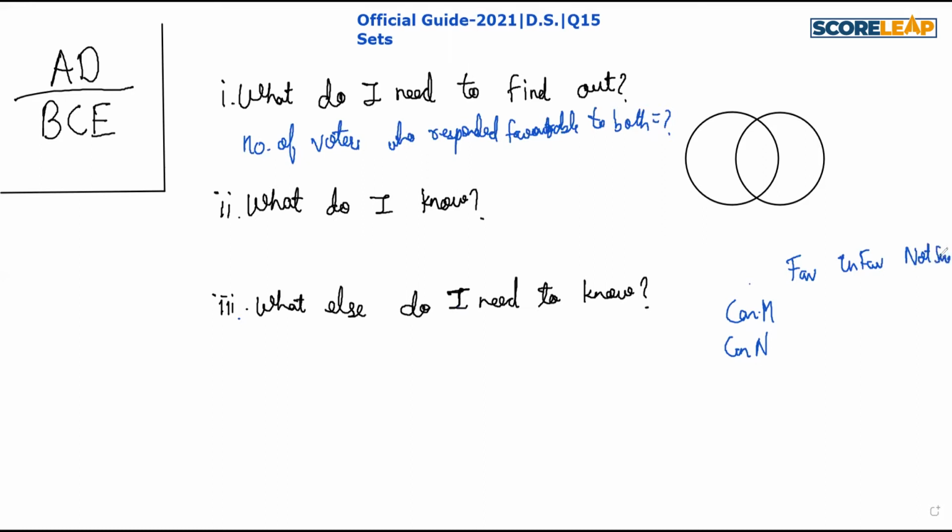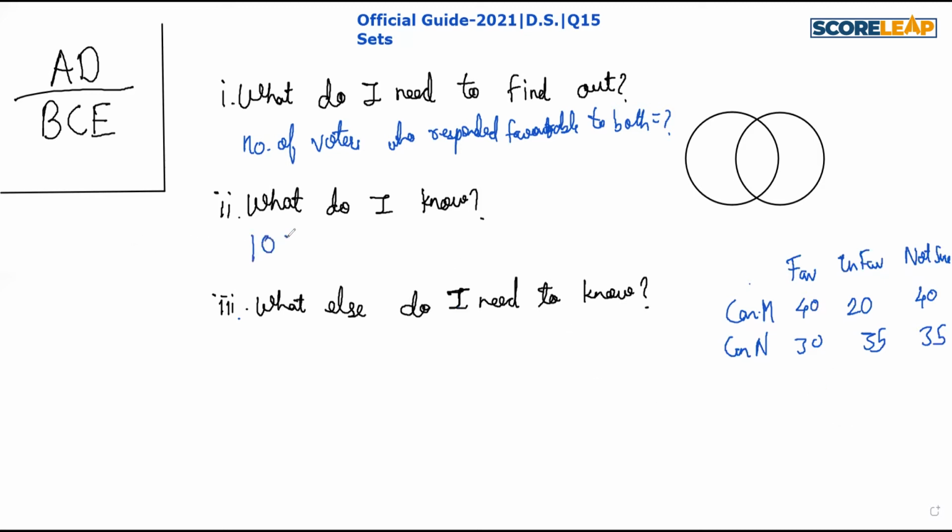So I have this data as 40, 30, 20, 35, and the remaining two are 40, 35. And the total number of voters is 100. That is also what we know.